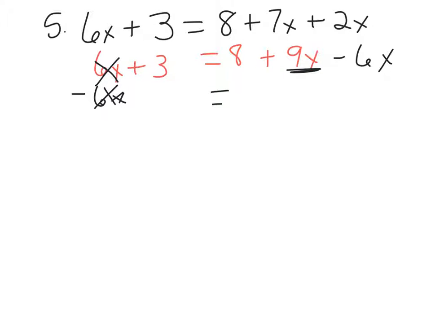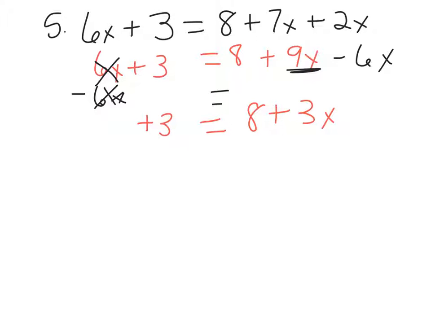These two are crossed out, which is why I put them on top of each other there. We end up with 3, and over here we end up with 8 plus 3x.